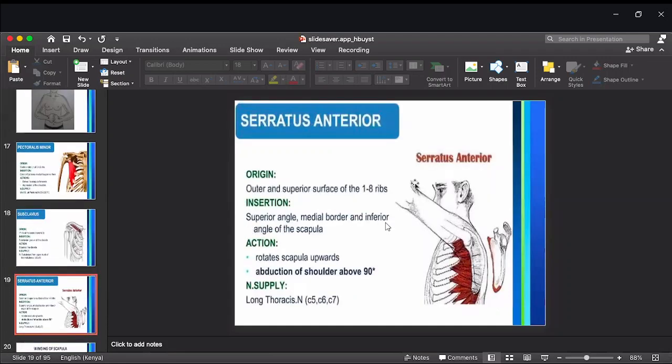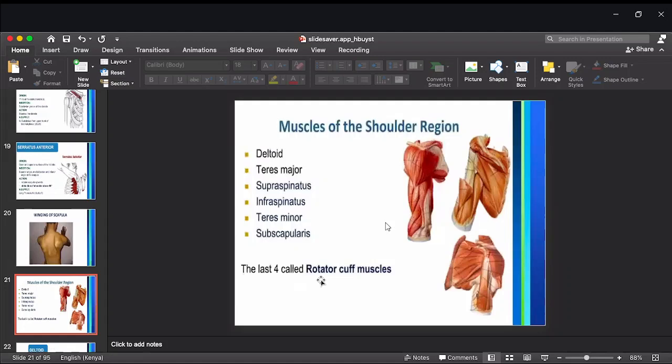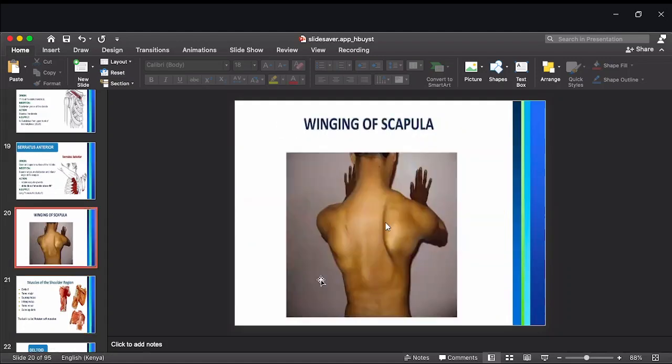So we'll go through them. Of note is this serratus anterior, which we said causes the winging of the scapula. Its nerve supply is the long thoracic nerve. Winging of the scapula: you can see if someone puts their hand on the wall and exerts some force.